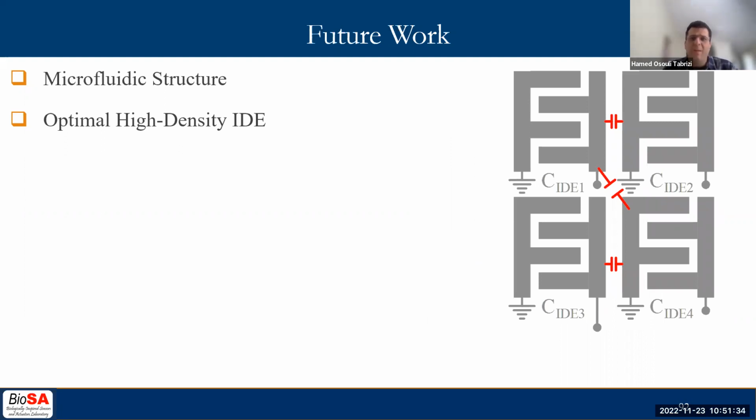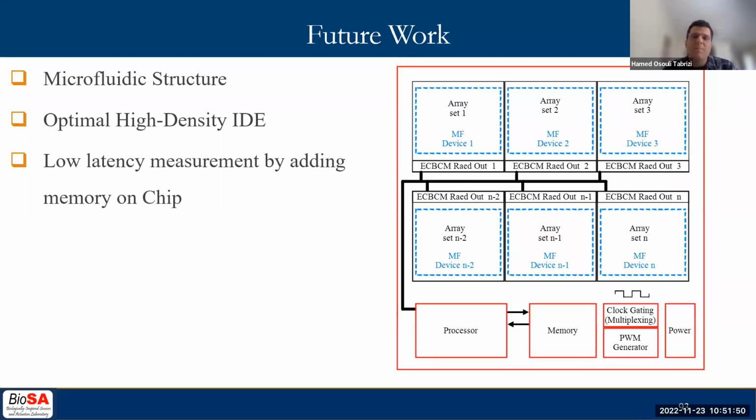Another improvement step is to increase the spatial resolution of array. The crosstalk between the pixels has been a limiting factor in the minimum pitch that electrodes can be positioned. This problem is worth investigating in future works. In addition, in future designs, addition of a simple processing core with memory and PWM signal generator peripheral can be considered.